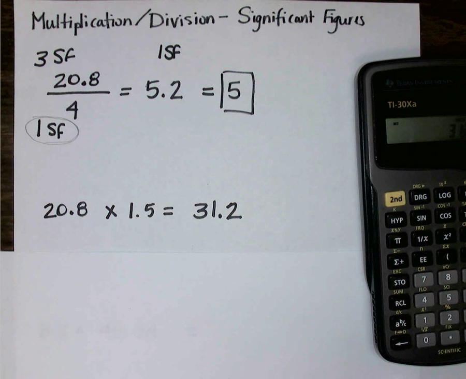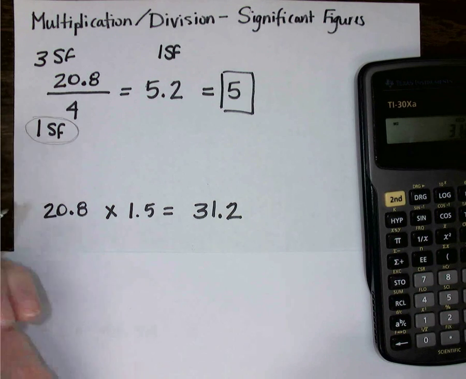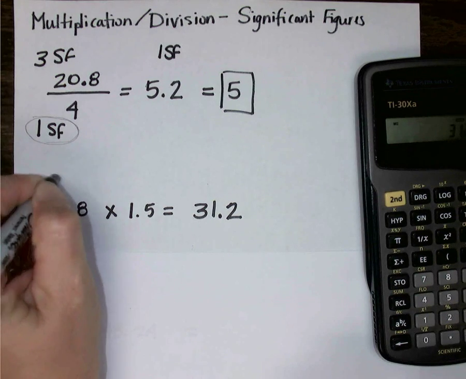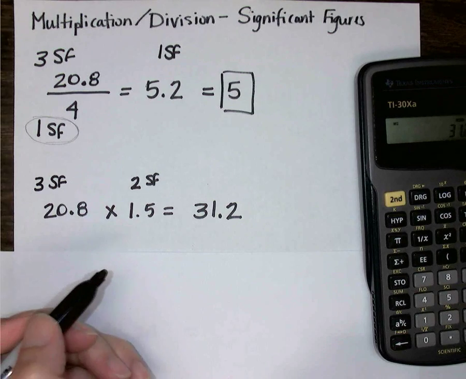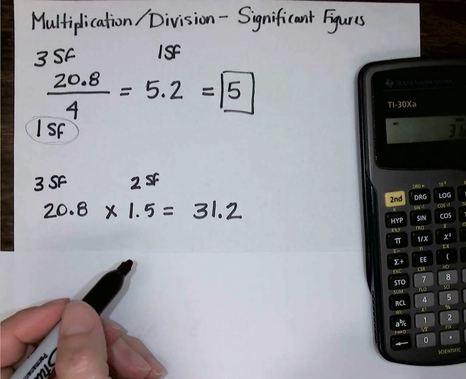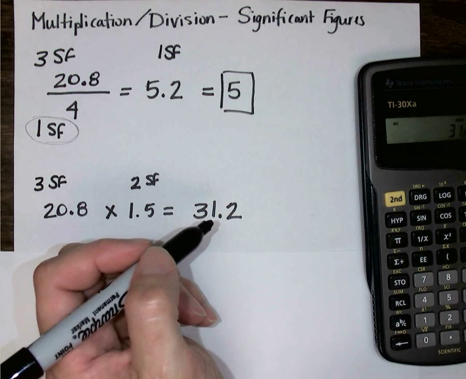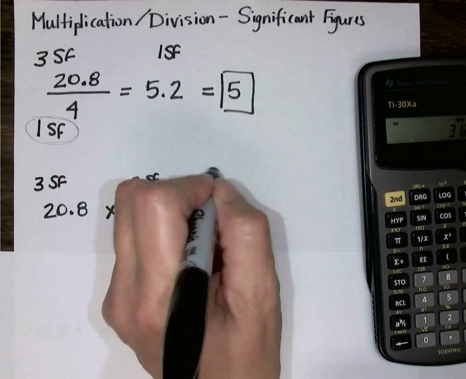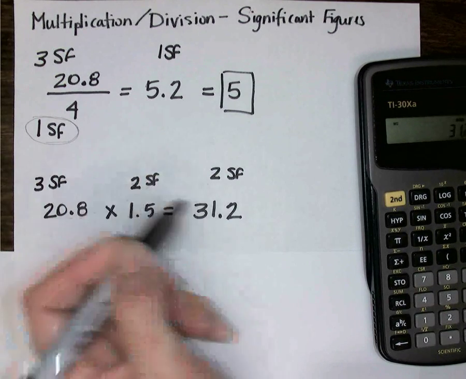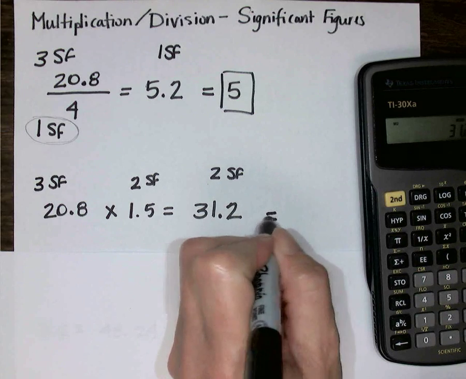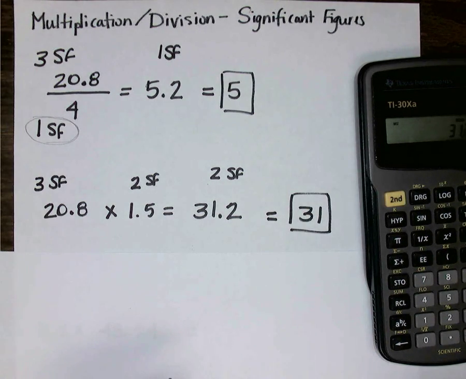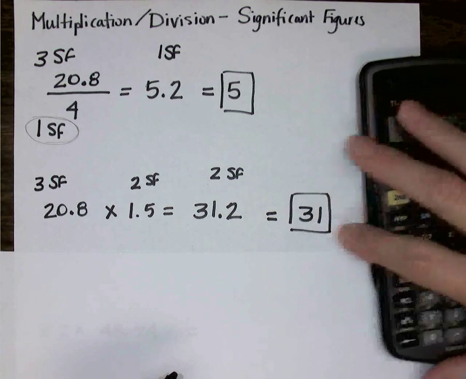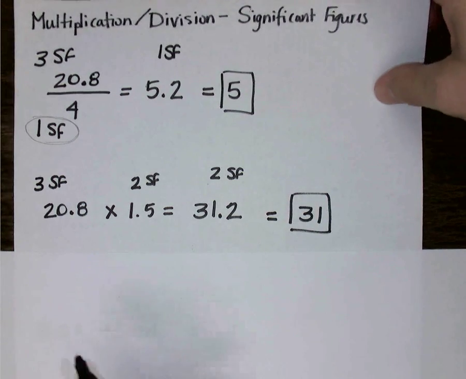But I'm smarter than the calculator because the calculator doesn't account for significant figures. 20.8 has 3 significant figures. 1.5 has 2 significant figures. 2 is less than 3. 2 is less precise than 3 significant figures, and so my answer needs to have 2 significant figures, and I round that answer to 31, which has only 2 significant figures. Okay, I have 2 more examples.